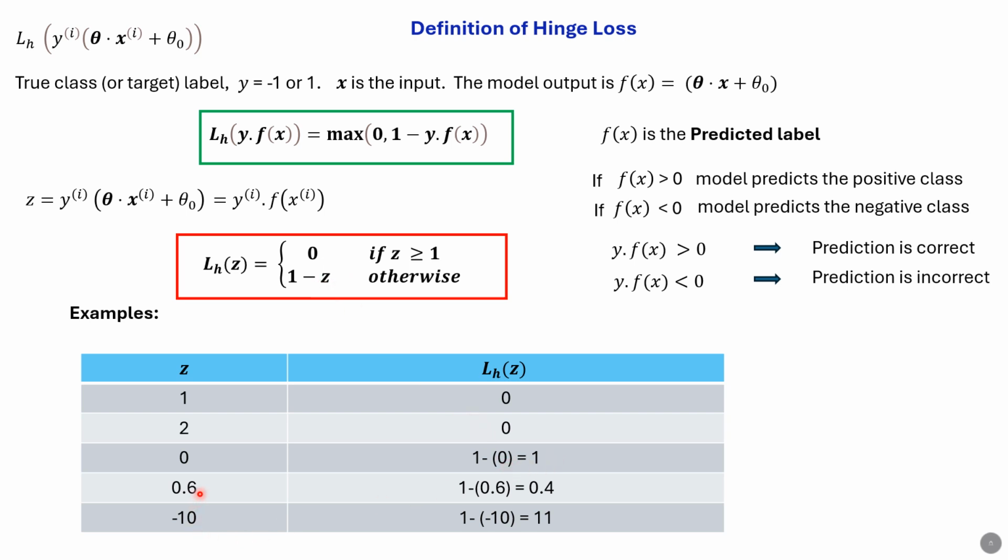If C is 0.6, again less than 1, we follow the same rule and it gives 0.4. If it is negative 10, using this rule, hinge loss becomes 11.